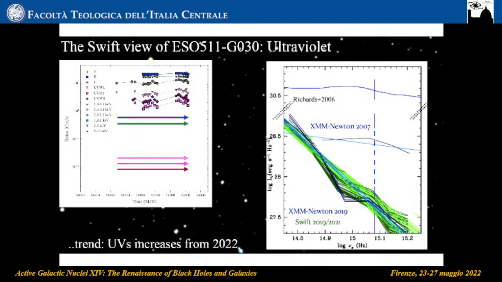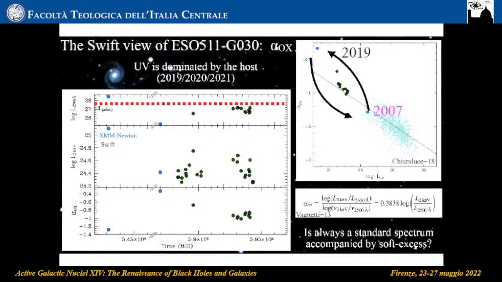Try to compare these SEDs from the soft excess XMM-Newton 2007 observation with those we obtained after the monitoring campaign of 2019. You see that from something that was sort of flattish and compatible with the one by Richards, we had a significant slope.